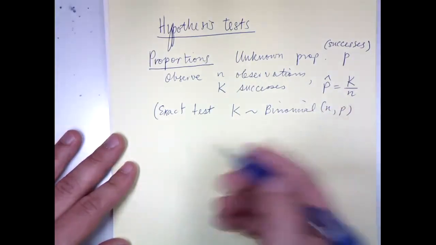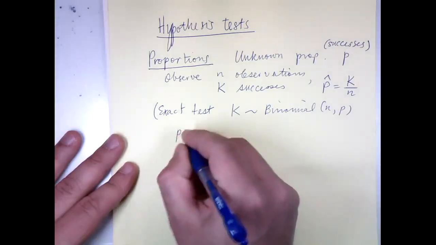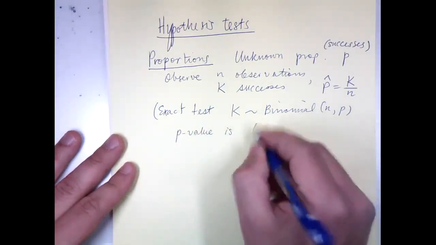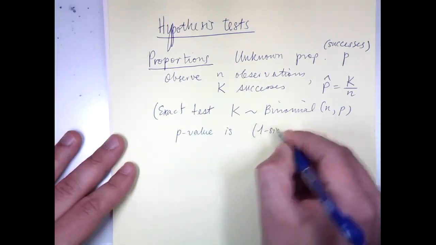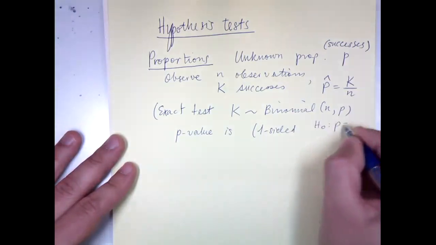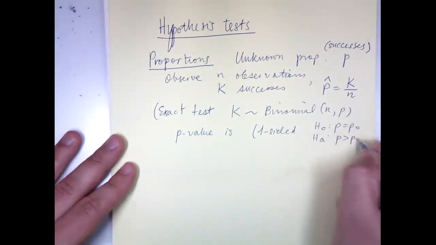And then to execute that test, the p-value, so there are always one-sided tests and two-sided tests. So I'll do one-sided in which H0: p equals p0, Ha: p greater than p0.